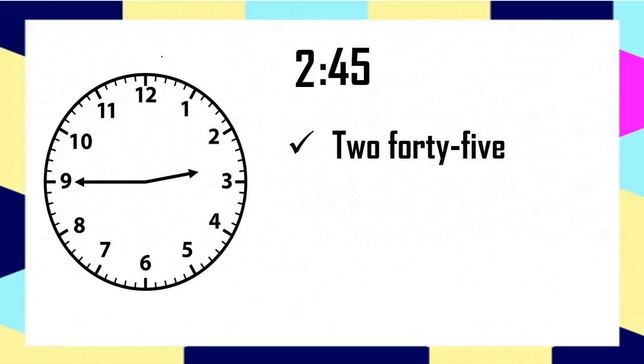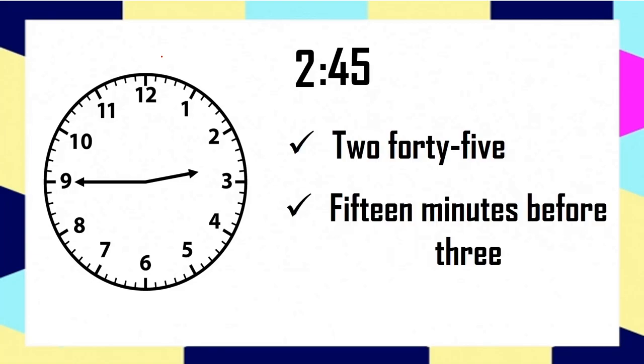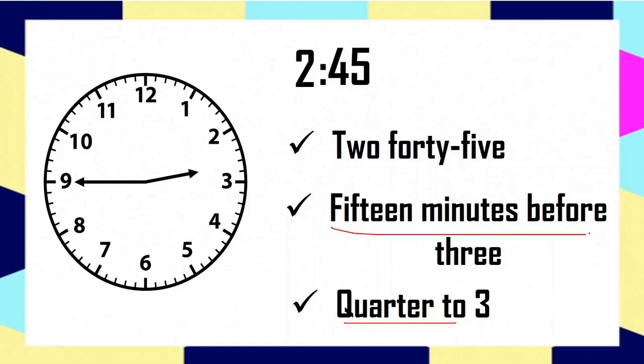How about this one? Okay, very good. So this is 2, and then you do the skip counting by 5 to read the minute hand. It's 45 or 2:45. Or the other way in telling this time is 15 minutes before 3 or quarter to 3. So quarter to means 15 minutes before the next hour.